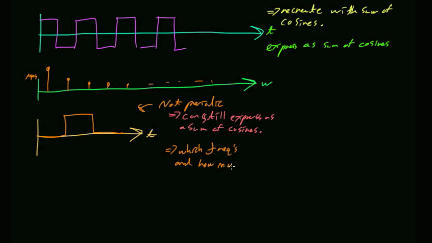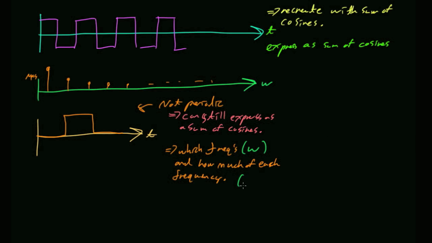Right? Some frequencies you might want a lot of. Some frequencies you may only need just a teeny weeny bit of. Right? You got to tweak it just right. So when I say which frequencies, that's essentially saying omega. And when I say how much of each frequency, that's basically A.